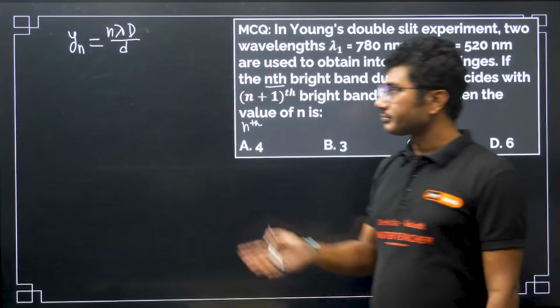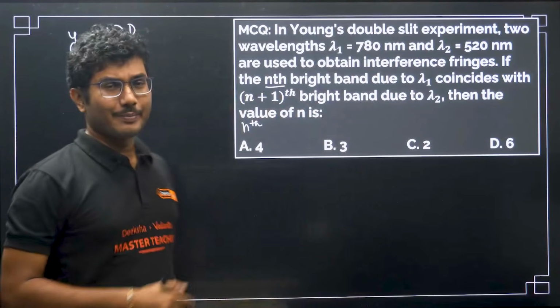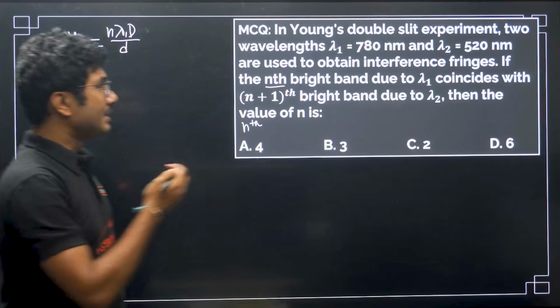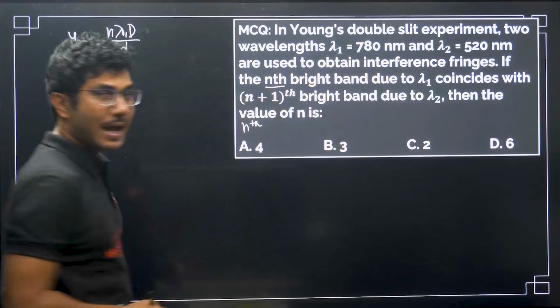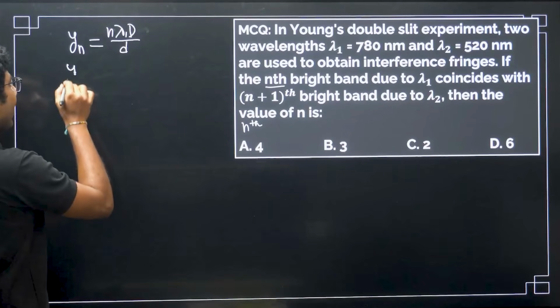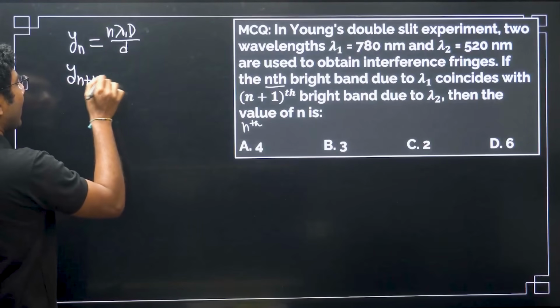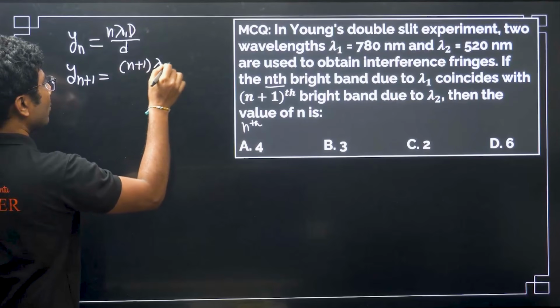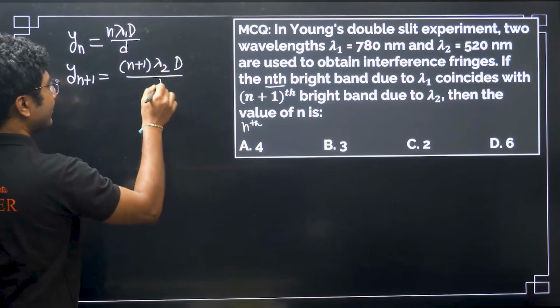This is the nth bright band for, say, lambda 1. Now, the (n plus 1)th bright band will be (n plus 1) lambda 2 D by d. Now, the rest of the setup is the same.